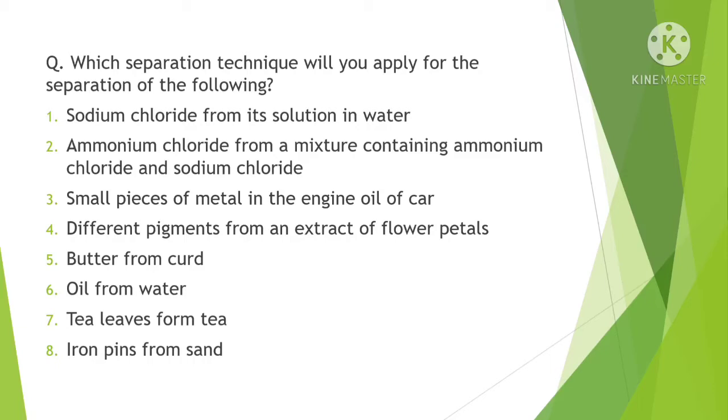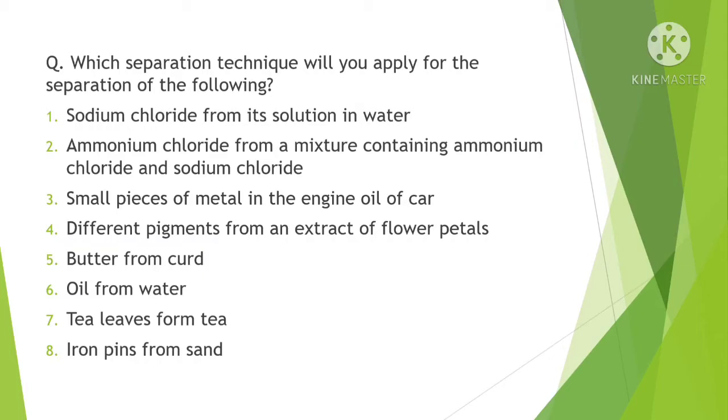As soon as the water rises up in the chromatography paper, the different pigments will also start rising up with the water. The different pigments have different solubilities in the water, so they will get separated by the chromatography method.